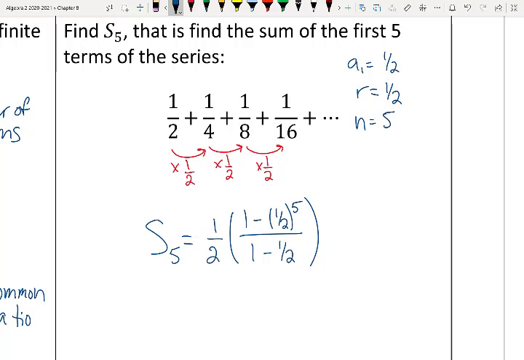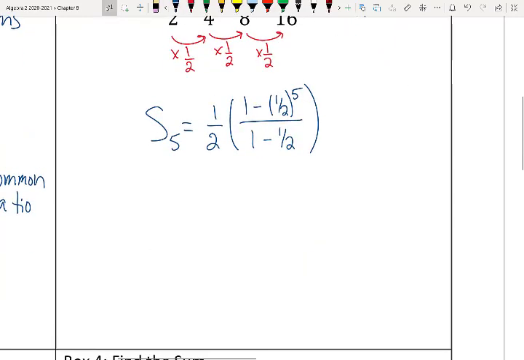So I'll just substitute everything in there. Now I just need to use my order of operations skills to simplify that. So 1/2 up top or outside. This 1/2 to the 5th power is 1 over 32. 1 minus 1/2 is a half.